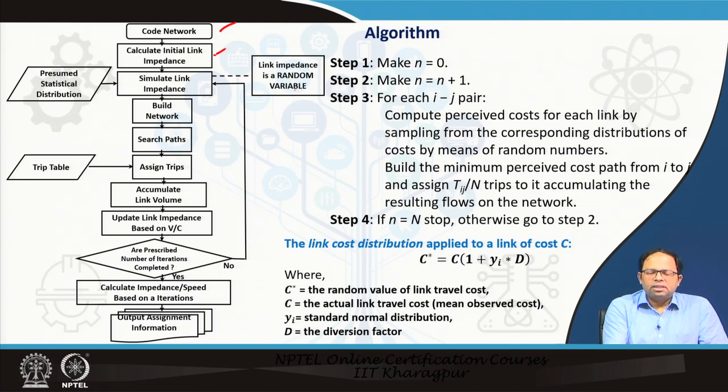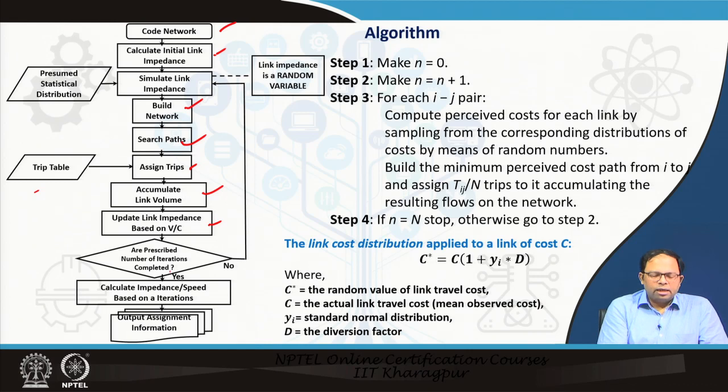A random variable is assigned to the link impedance, and using that new link value we build a network, then search for paths in that network, and assign trips for this group of individuals from the trip table onto the paths we have determined. We accumulate the link volume, and then update the link impedance based on the volume by capacity ratio.